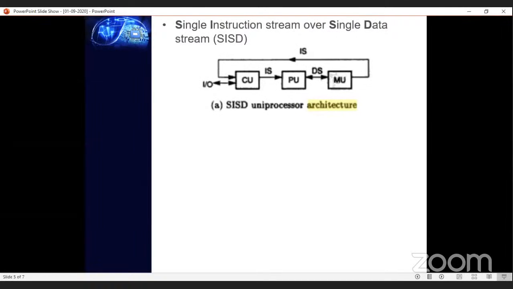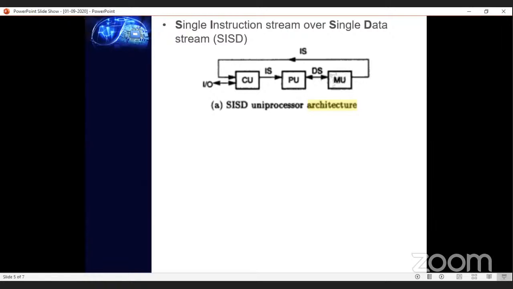So now we have to take each architecture one by one. First we'll take which one? Single instruction stream over single data stream. Here is the block diagram, the architectural diagram of the SISD architecture, single instruction stream over single data stream, also called uniprocessor architecture.